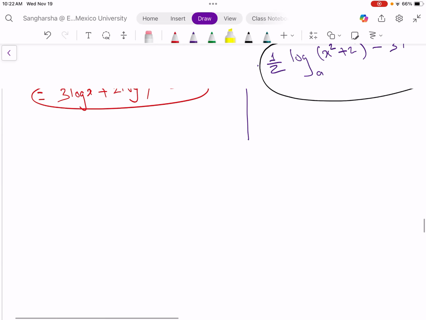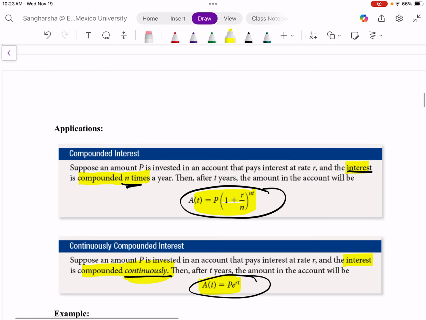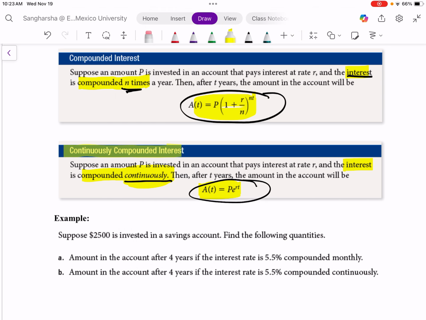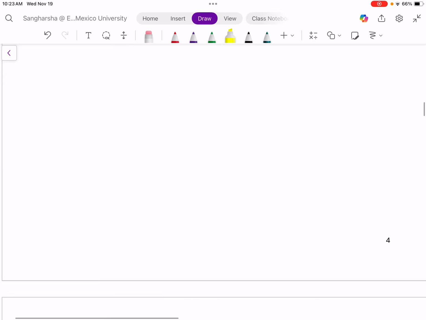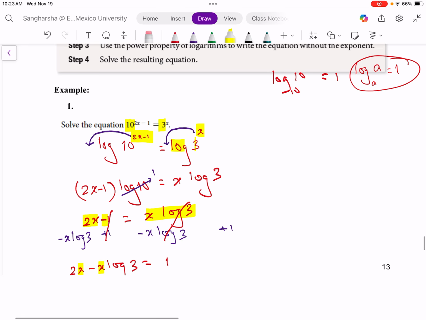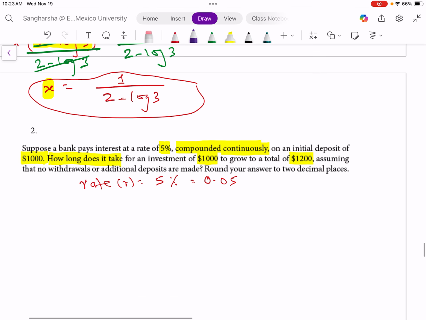So if we go to page number 4, this is the formula here for compounded continuously. Our amount is P times e to the power RT. Okay, so this is the formula.